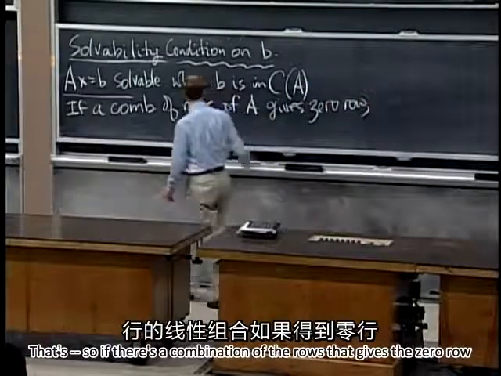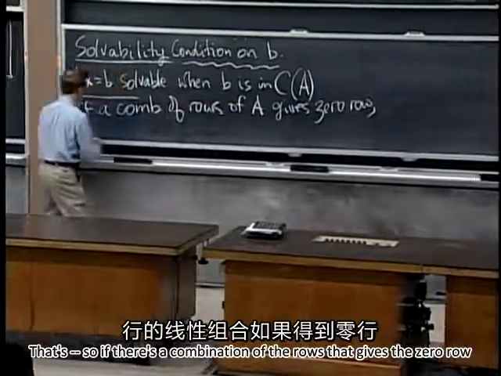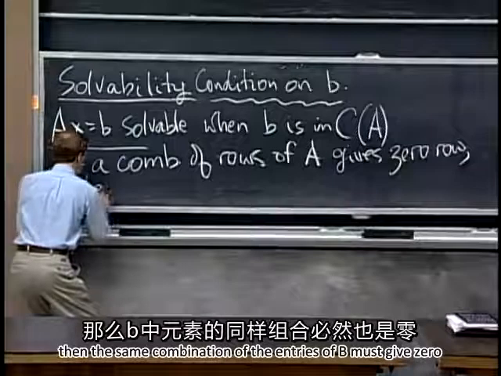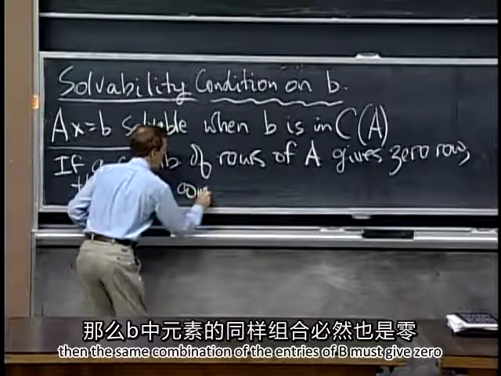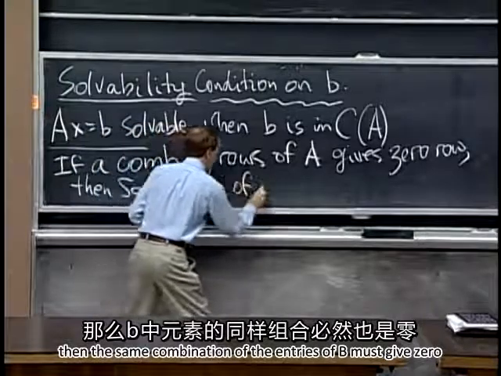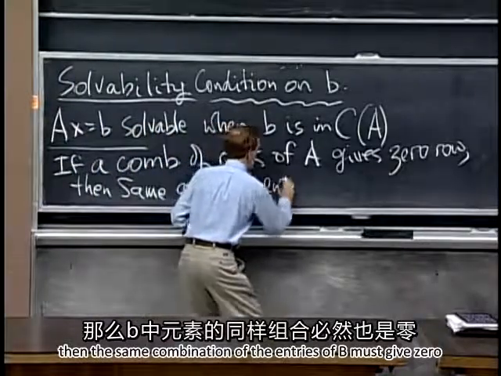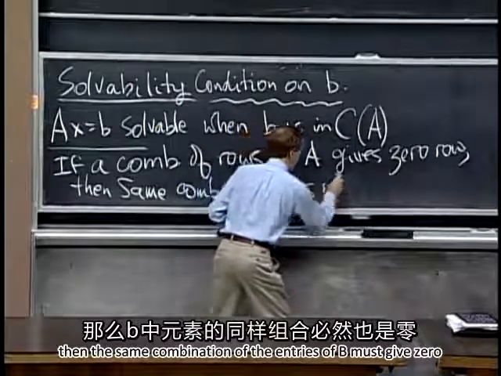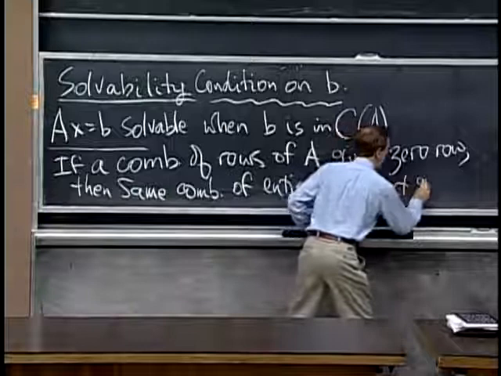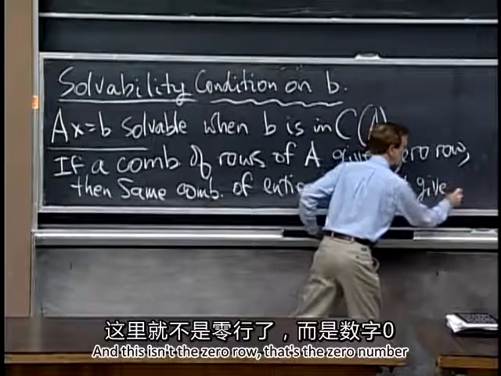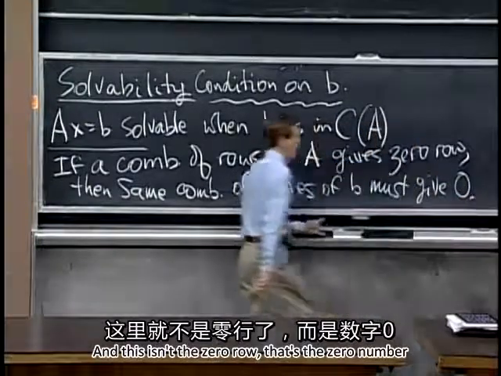So if there's a combination of the rows that gives the 0 row, then the same combination of the entries of b must give 0. And this isn't the 0 row, that's the 0 number.